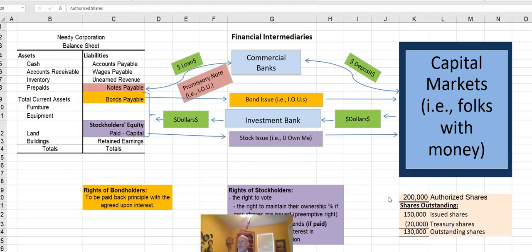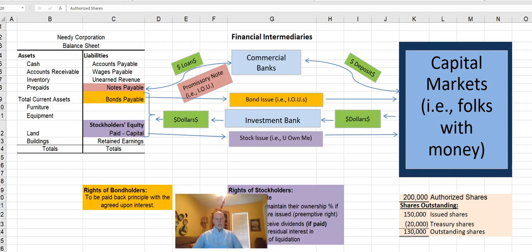As an example, if we had 200,000 shares authorized, and so far we've issued 150,000, we would still have 50,000 that have been unissued. But if we've issued 150,000 and we've repurchased 20,000 into treasury, that means there's 130,000 shares still out there, outstanding shares in the hands of stockholders. So just some terminology there that we may refer to later.